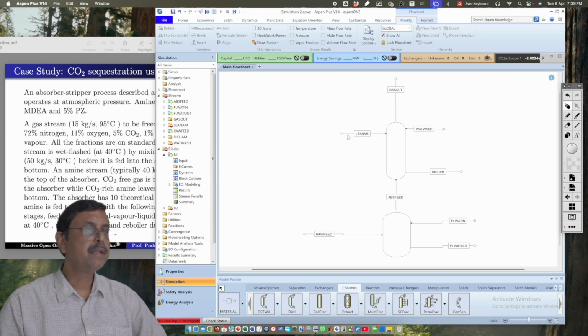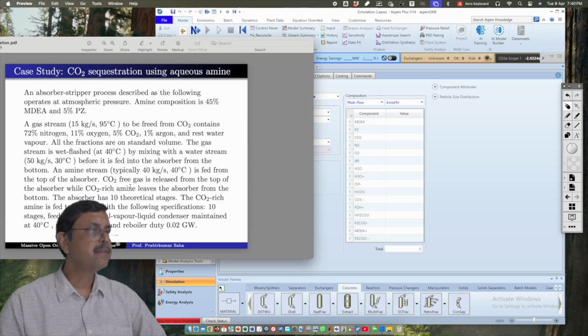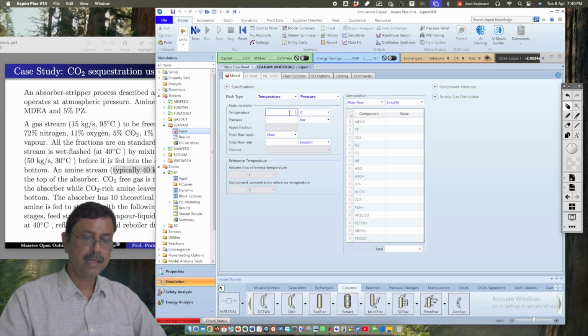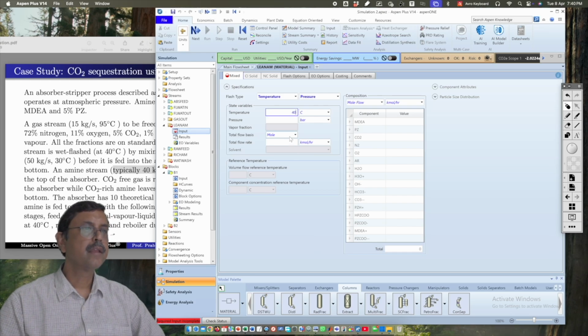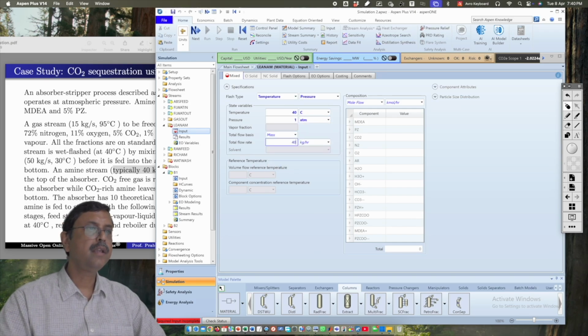So lean amine, we have to provide the input. As it is said, the amine stream is typically 40 kg per second and 40 degrees centigrade. So it is 40 degrees centigrade, 1 atmosphere pressure, and the mass flow rate is 40 kg per second.